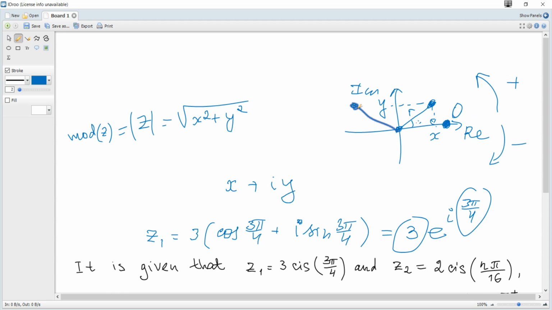If a complex number is somewhere here, in the second quadrant, you can find this small angle from tangent, taking absolute values of y and x, and then the argument will be pi or 180 minus this small angle. If it's in the third quadrant, you can again take absolute values, positive values of x and y, find the small angle, and then the argument will be 180 or pi plus this small angle.